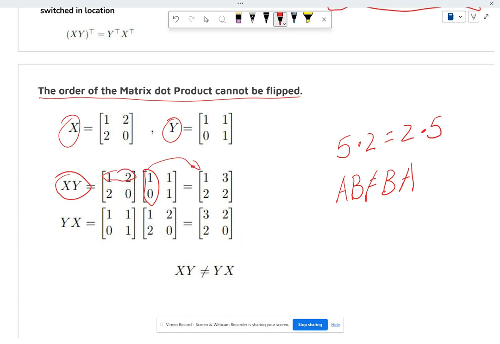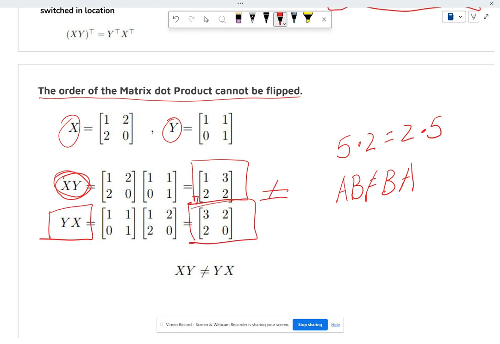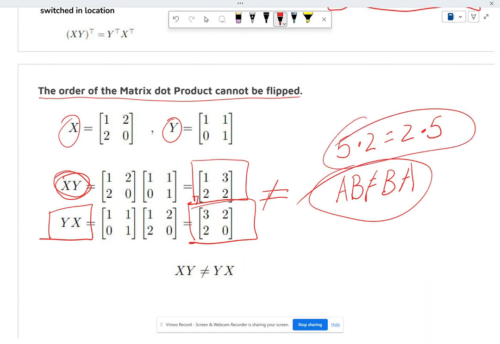That will give you this. And then here and here, that will give you this. If you were to multiply this out, you will get this. And if you multiply the opposite out, you will get this. And notice they're not the same. So since they're not the same, you cannot just flip them. This relationship does not hold.